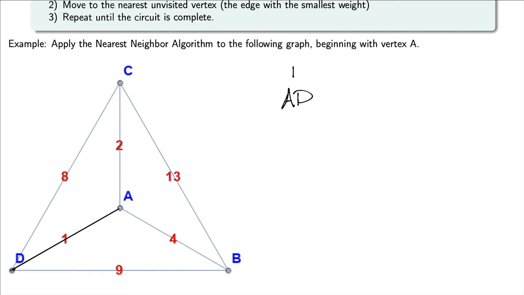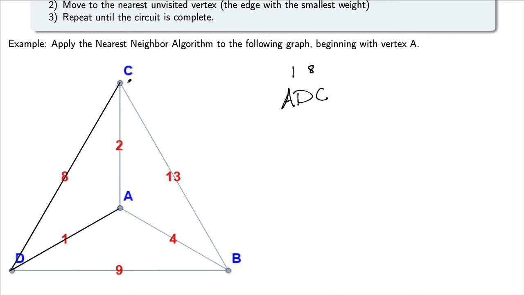Then from D, we take the next edge that has the smallest weight. We can't backtrack. So we've got 8 or 9, and of course 8 is smaller, so we're going to use that edge there to go to C. And the connection from D to C has a weight of 8. From C, we can't go down to A because we can only visit unvisited vertices until we've visited all of them.